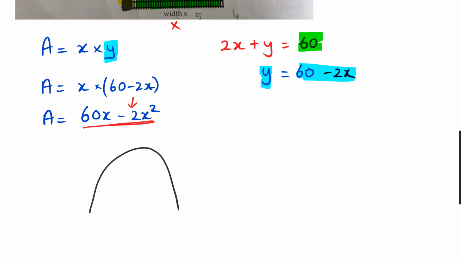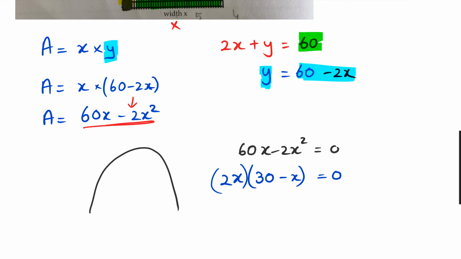So you can figure out what your two x-intercepts are. We put 60x minus 2x squared equal to 0, and then we factorize the x and 2 as well. So we get 2x times 30 minus x, and that's equal to 0.